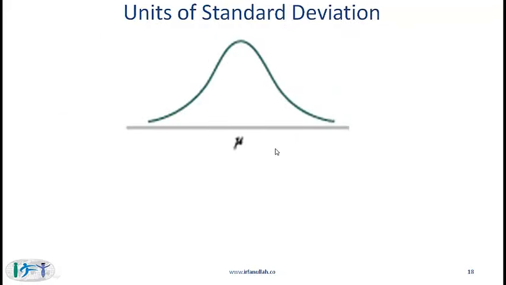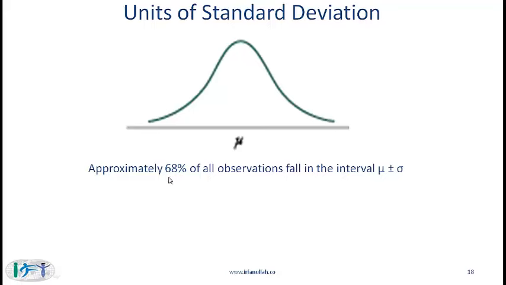There is some basic information that you need to memorize related to a normal distribution, and I'll just share that with you over here. Approximately 68% of all observations fall in the interval mu plus or minus 1 standard deviation. In the example that I just talked about, let's say that the mean or mu is 10, and the standard deviation is equal to 2.